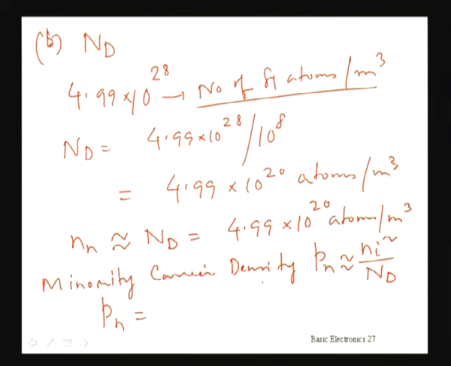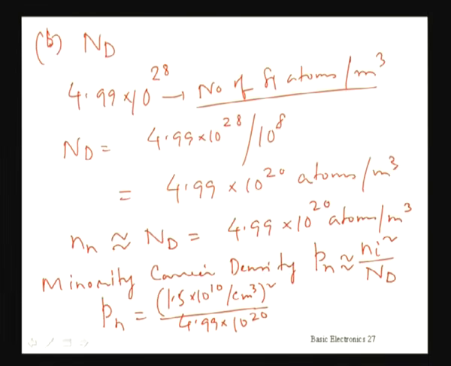So, now I will be finding out this hole density, that is minority carrier density. So, that is 1.5 into 10 to the power 10 per cm cube is given, divided by 4.99 into 10 to the power 20.